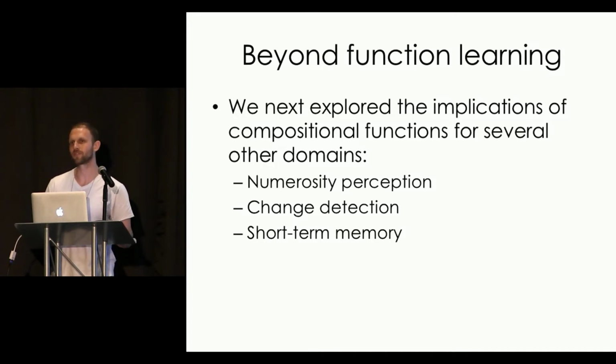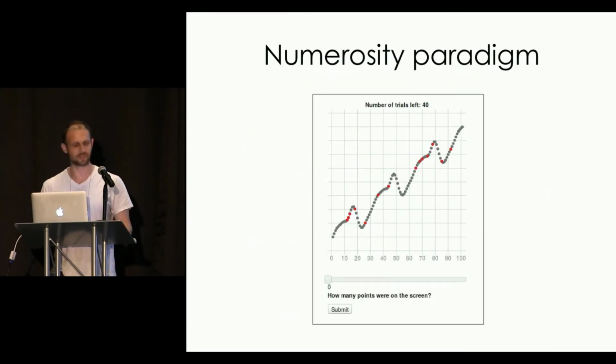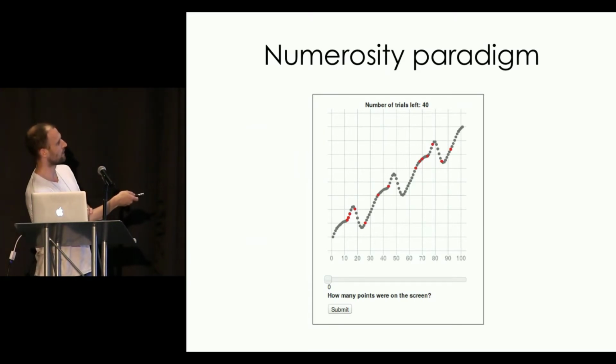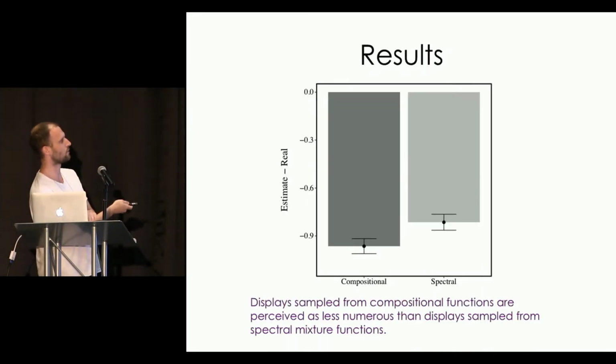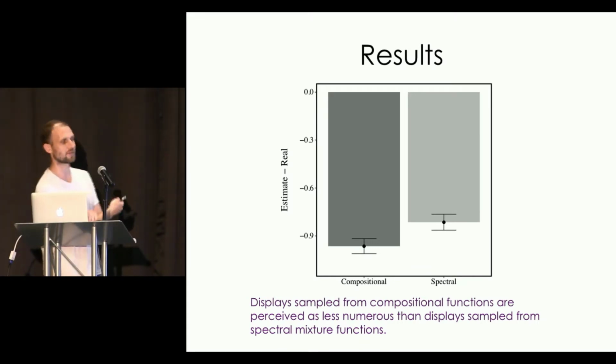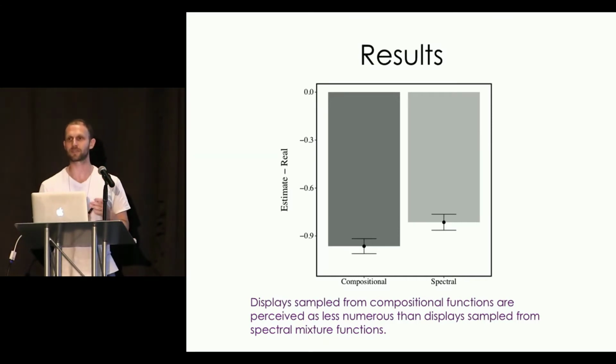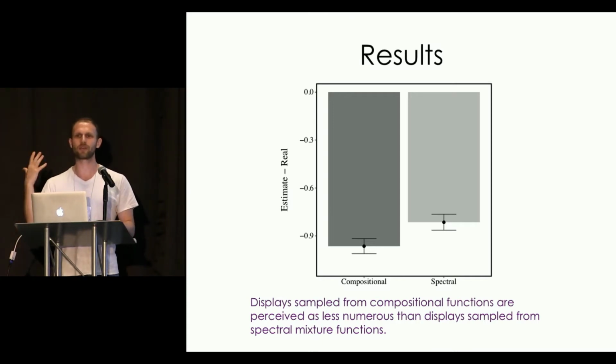I'll show you an example, where we've broken down the function into little dots, and they have to count the number of red dots. They tend to underestimate the number of items more for compositional functions than for spectral functions, even though both have some statistical regularities, but somehow the compositional functions have regularities that seem to match people's internal models better.